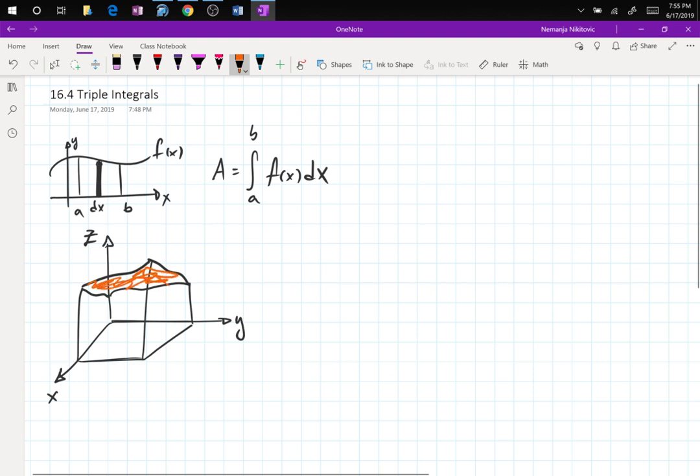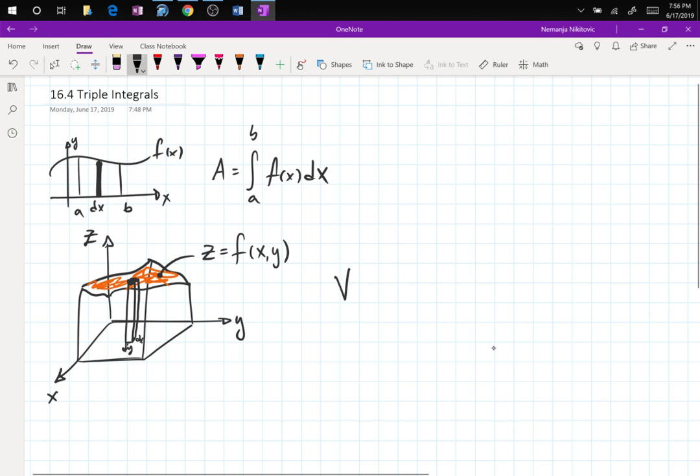And that surface up there is z equals f of x comma y. And what we had was a representative French fry, which was dx dy.